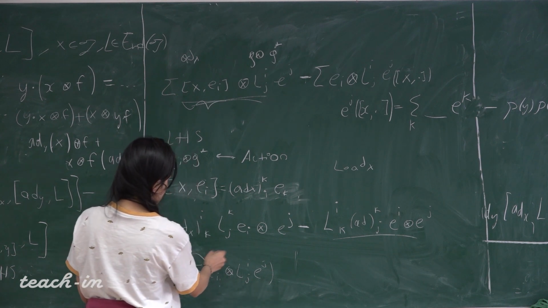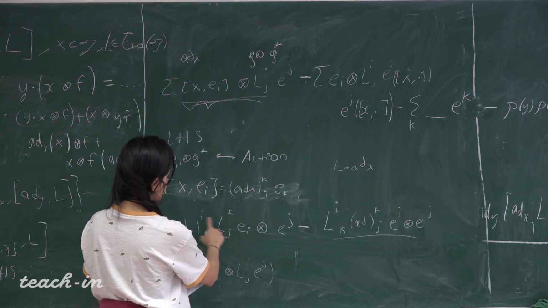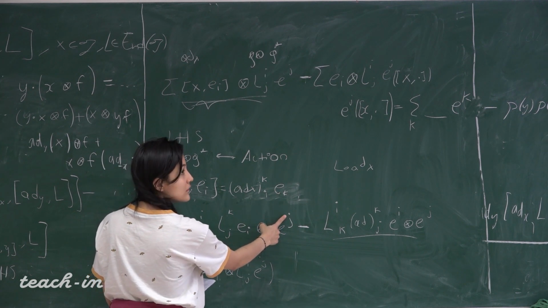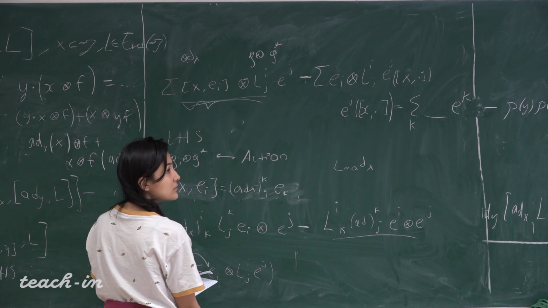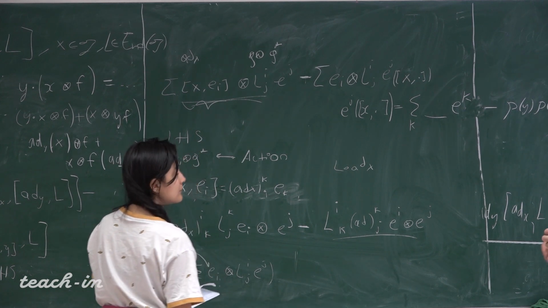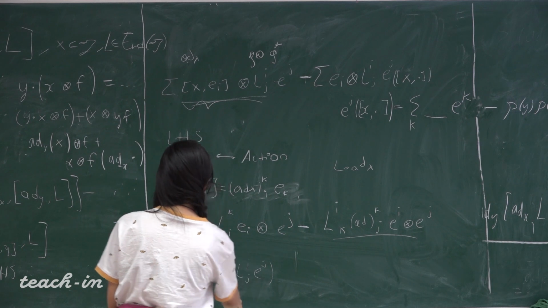This is making summation. So the summation is actually over all indices, right? Okay, so over all indices. But we need to continue.